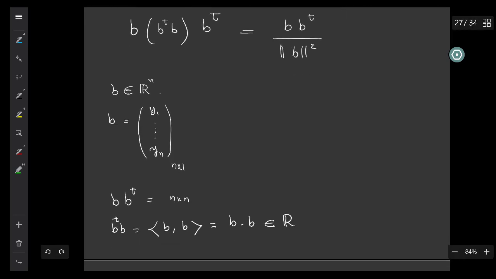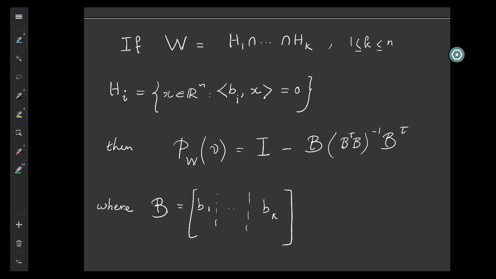We have one other problem that I wanted to mention: assume that W is given as an intersection of some hyperplanes, so for each i, B_i inner product with V equals 0.